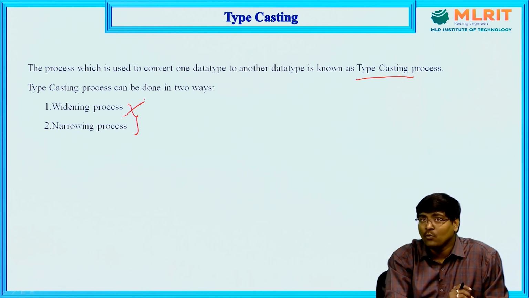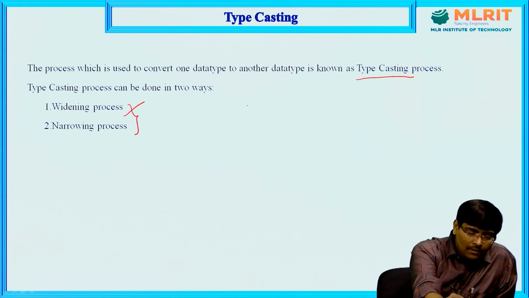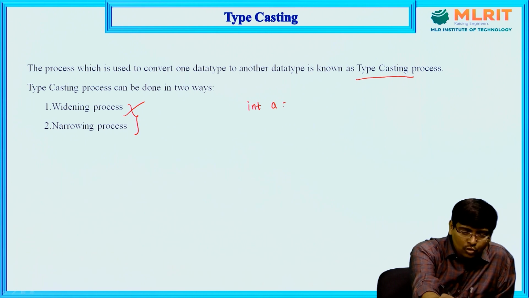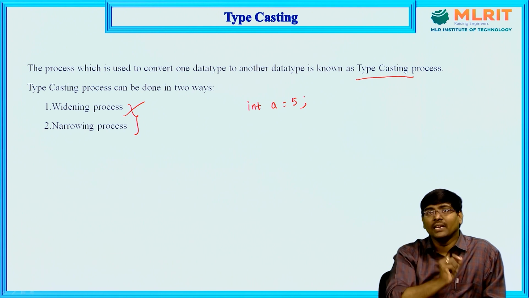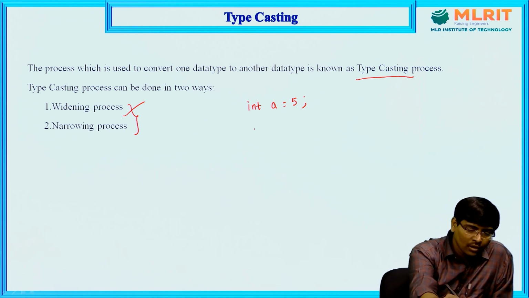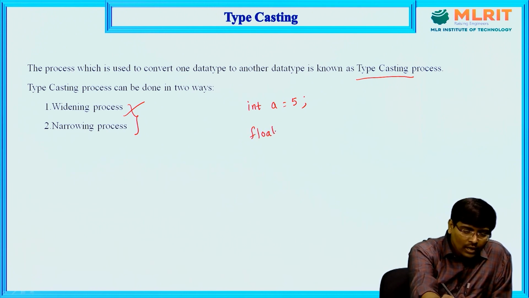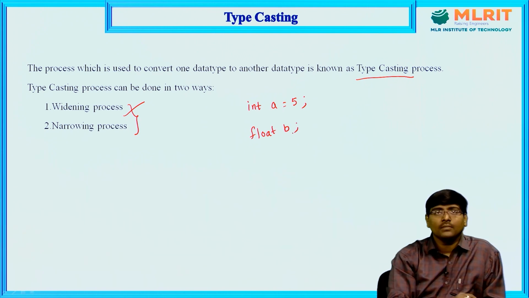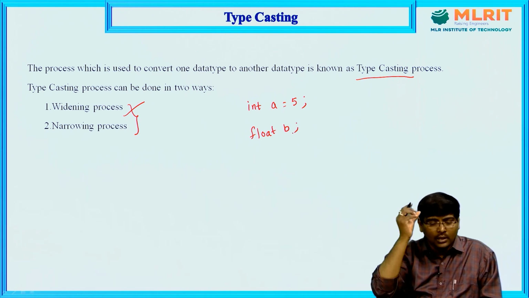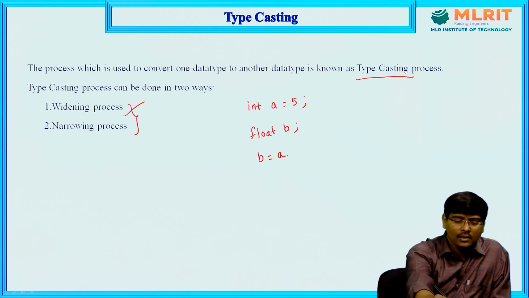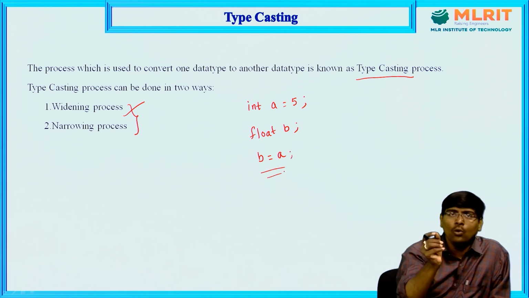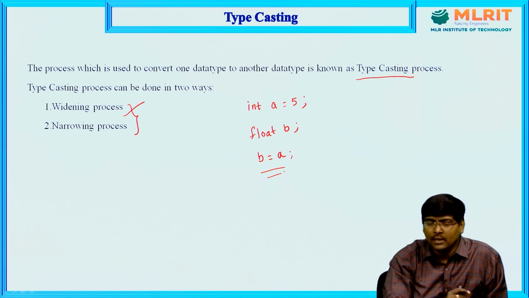First we will move to the widening process. What is meant by the widening process? For example, I have one integer variable, assume int a is equal to 5. Here a is an integer variable. Now, I declared one float variable b. Within the program, if I assign the statement b is equal to a, what is the value of b?